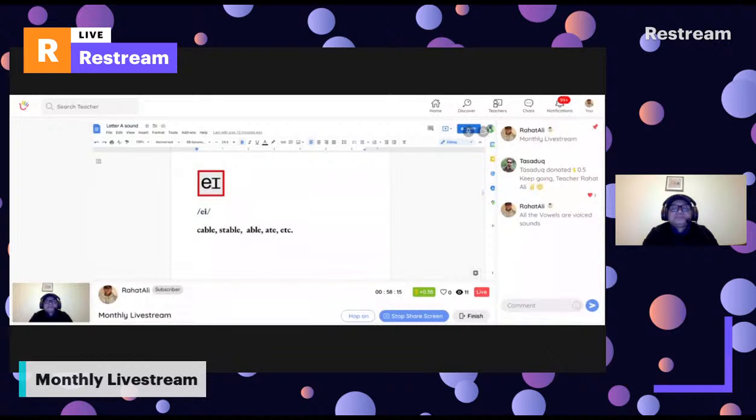So these are some words which have got the A sound, like cable, stable, able. For the word eight, it can be weak eight or strong eight. Both are correct.